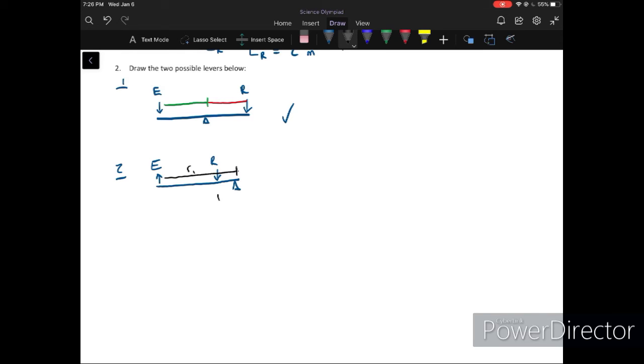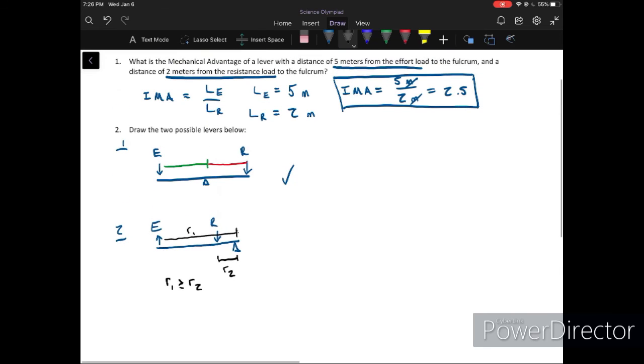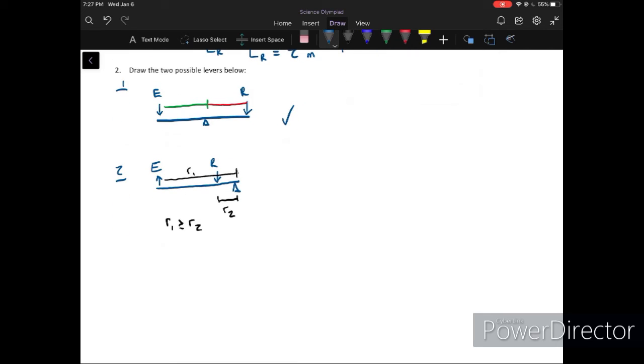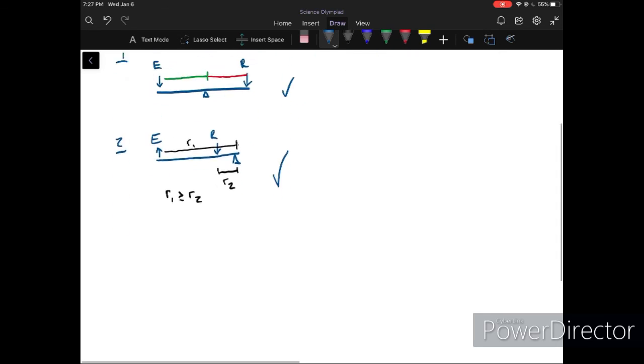We'll call this R2. We know that for type 2, R1 necessarily has to be larger than R2, or at least equal to, but I guess that's not really a lever. So in our scenario, is our R1, the distance from the effort to the fulcrum, larger than R2, the distance from resistance to the fulcrum? And indeed it is. So again, type 2 lever is successful.